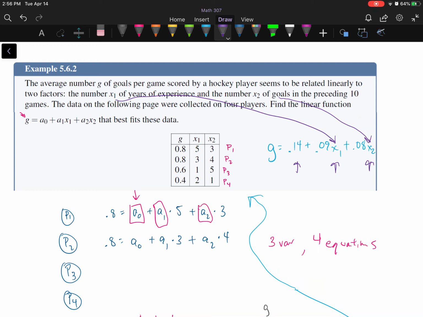This is a very, very small scale. You would probably get better models using larger amounts of data and probably considering different functional relationships between the variables. And we're going to see that you can use linear algebra to find optimal solutions that are not just lines, that are not just linear functions.